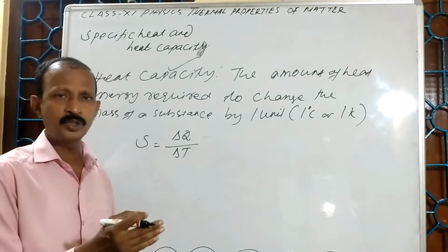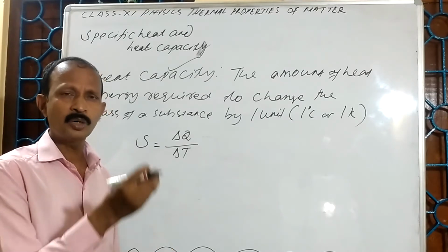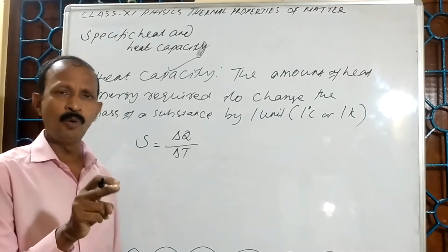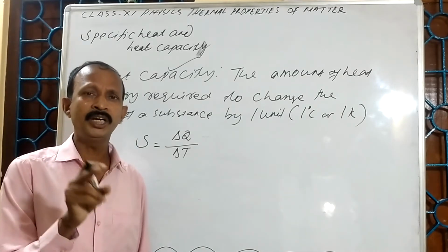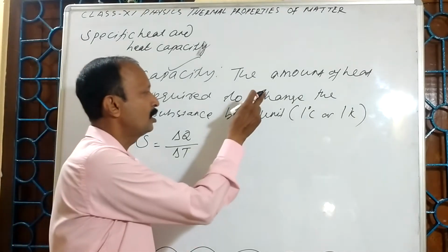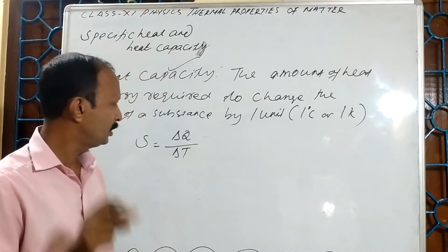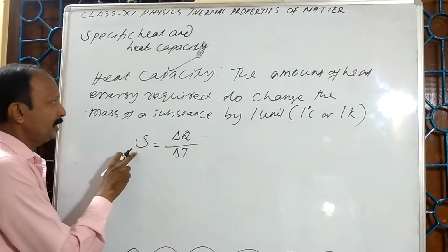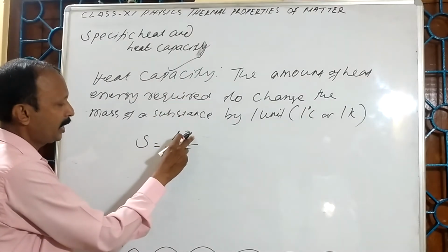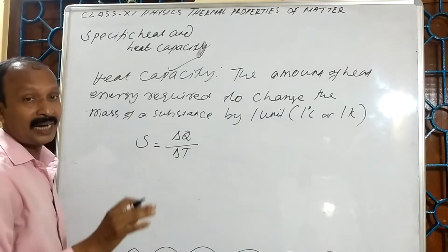If it is absorbed, its temperature will increase. If it releases, its temperature will decrease. But in both cases, there will be a change in temperature. So instead of using raising the temperature, I use the term change in temperature. So I can say that heat capacity is equal to delta Q upon delta T.